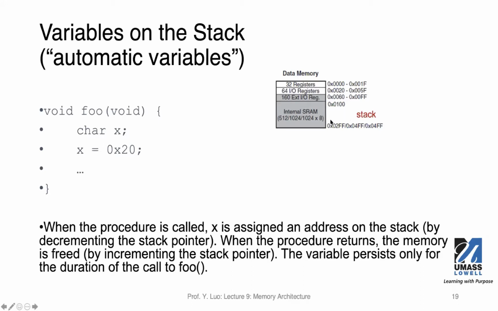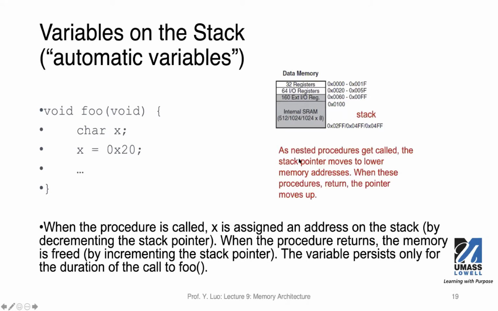The stack is somewhere here. As you call the procedure, if it is nested, that means you call the same procedure again within the procedure or within the function, the stack pointer will move to a lower address space, and when the procedure returns, the pointer will move up.